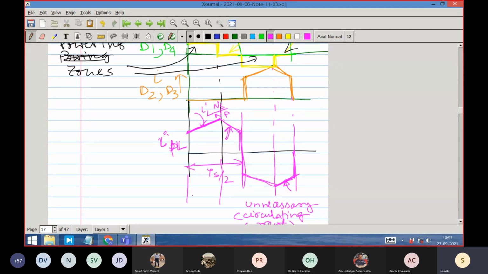This period is d phi into TS by 2. Okay, so this is the operation of one of the very important topologies, that is called the full bridge converter. Full bridge converter.